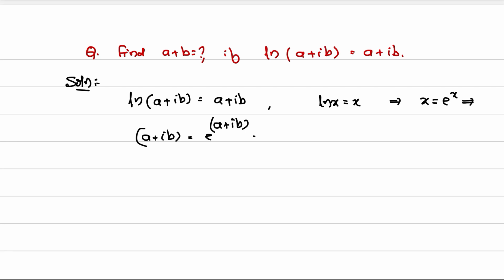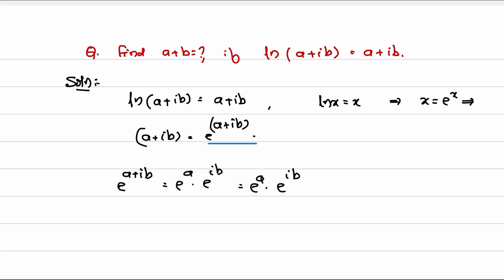Then, let us take the right hand side, e to the power of a plus ib. Can we write it as e to the power of a into e to the power of ib? That is equal to e to the power of a into e to the power of ib.